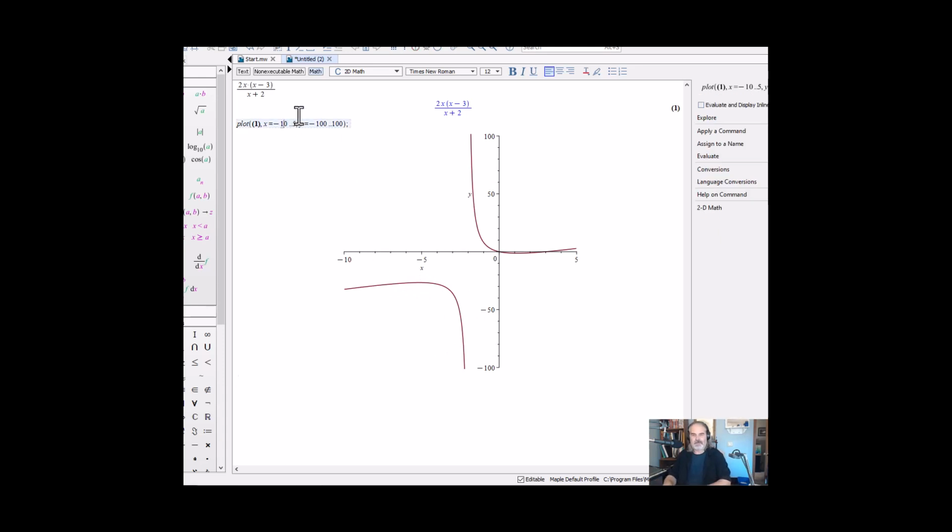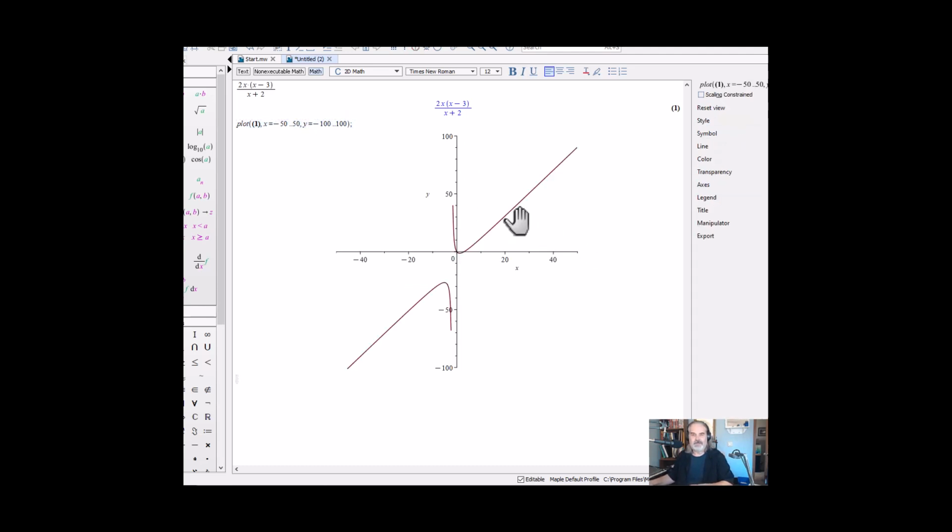But here, let's go back to x equals -50 and out to x equals +50 and see what happens here. Now you can really see that slant asymptote taking over as we go farther and farther out. And again, recognize our function does cross what turns out to be this slant asymptote here in the middle, but that's okay.